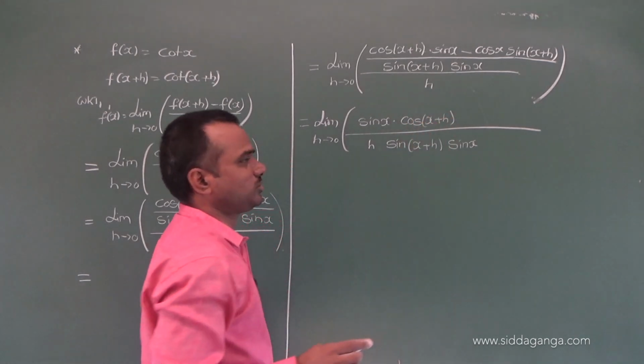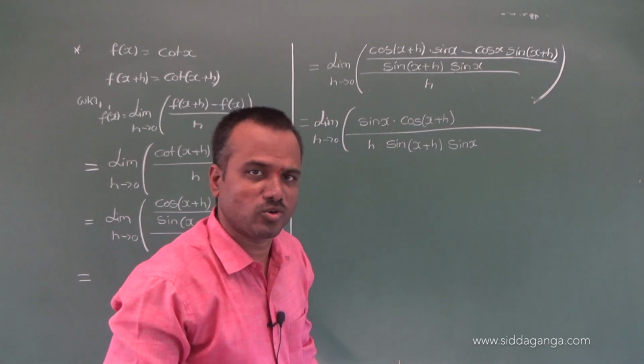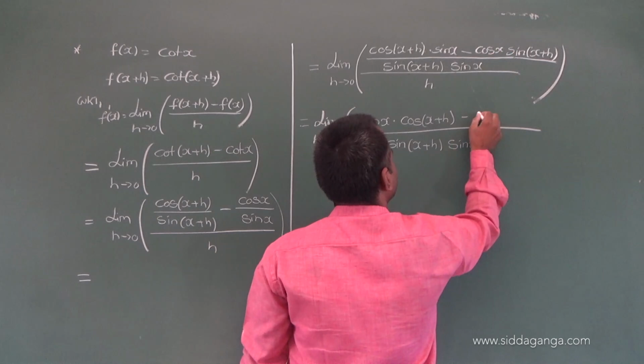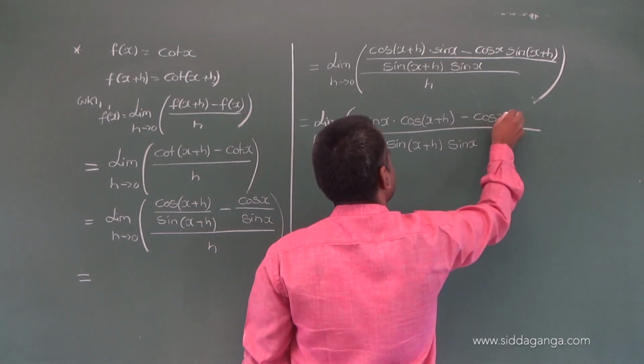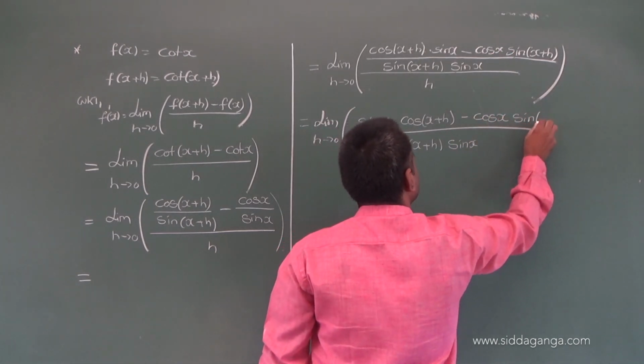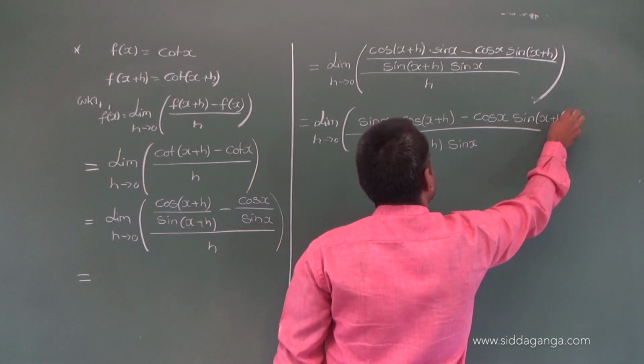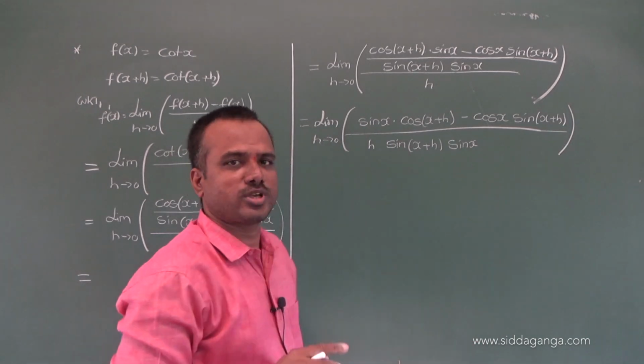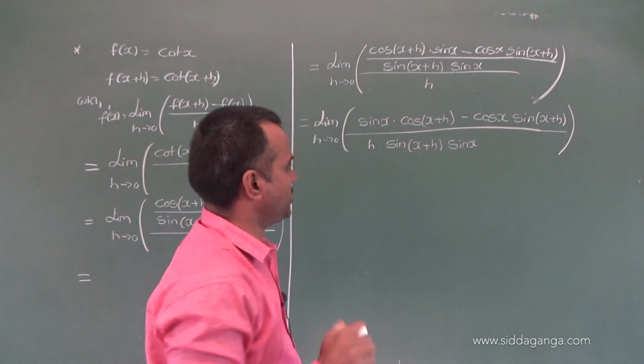Both are the same, like 2 into 3 is 6, 3 into 2 is also 6. Minus this one as it is, cos x into sin(x plus h).